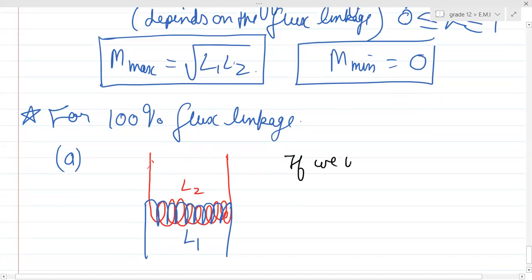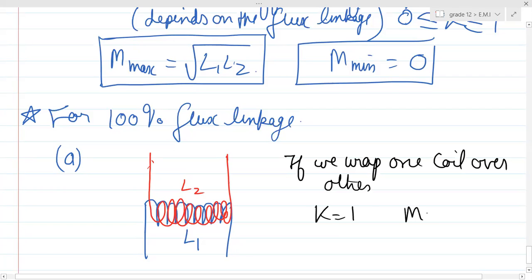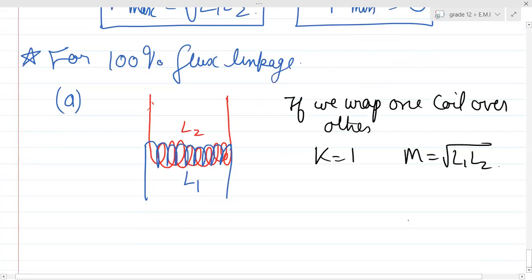If we wrap one coil over another, then 100% flux linkage is there. Then K is equal to 1 and mutual induction is equal to the square root of L1 L2. This is the ideal condition, right?